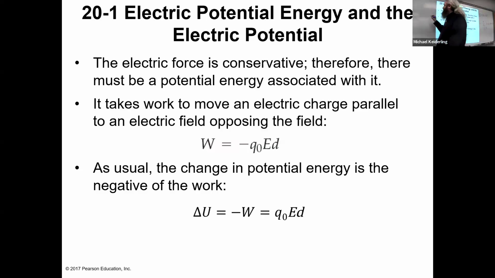So here we have some electric field E, and we have some charge Q, and we're moving it some distance D against the electric field. So it takes some work to move a charge parallel to the electric field, opposing the field.